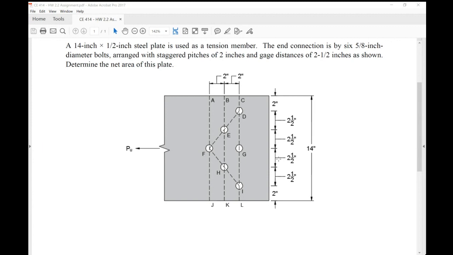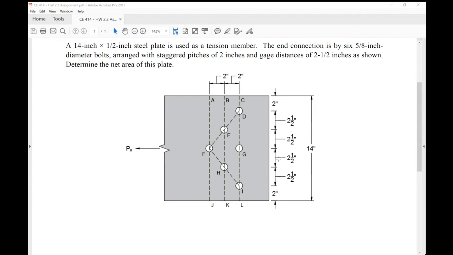The simplest example I can describe verbally: if you have a piece of angle iron, like an L shape, and there is a stagger that crosses the legs, then sometimes it's not that easy to determine the net area, because you have to turn it into an equivalent plate and find the net area that way. It's a little tricky, but we'll handle that later.